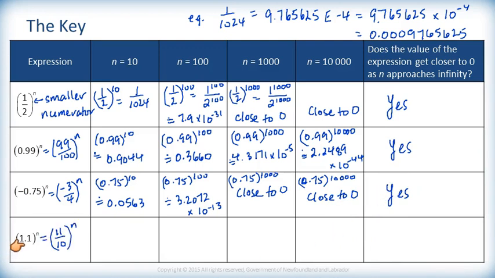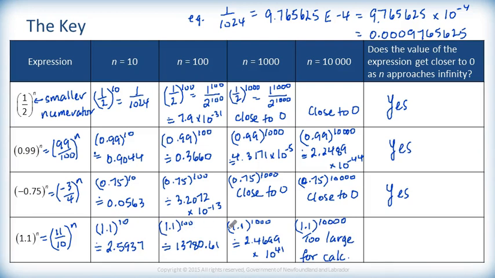For the last one, 1.1 is the same as 11/10. So we have a larger numerator. Therefore, our numerator will increase faster than our denominator. And indeed, as we substitute in those values for n, the values that we get are increasingly large, and this last one is too large even for my calculator. So this one does not get close to 0.